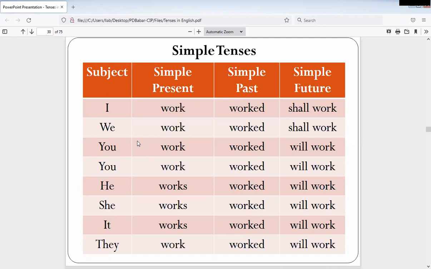So the form of verb that we are using after the subjects or pronouns, we are writing in this chart. Please write this chart in your notebook within 2 minutes.